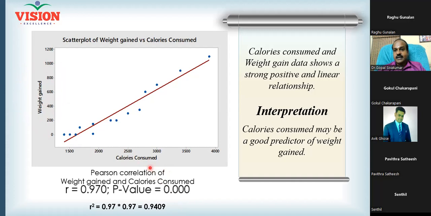Now tell me, is the calorie consumption really a strong influencer? Yes or no? Very, very strong influencer. It's a strong influencer and it's a single influencer. Do you get my point? Since it has come to 94%, it is the single influencer. This particular patient's body weight is increasing or decreasing only because of the calorie consumption.